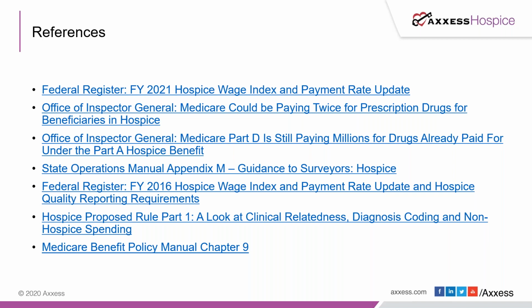I used to tell them, use the GW modifier on your bill and you're going to get paid. But since Medicare is specifically stating that these mental illnesses are in fact related, that also becomes challenging.